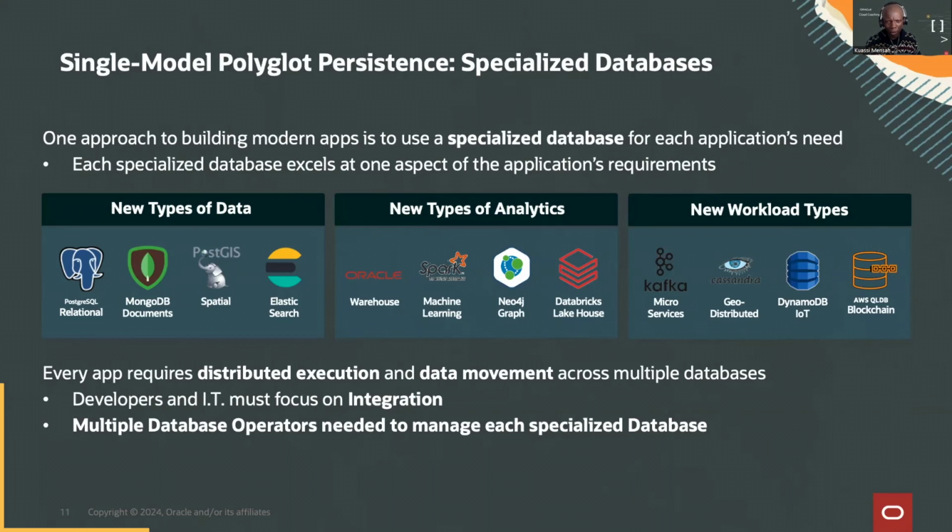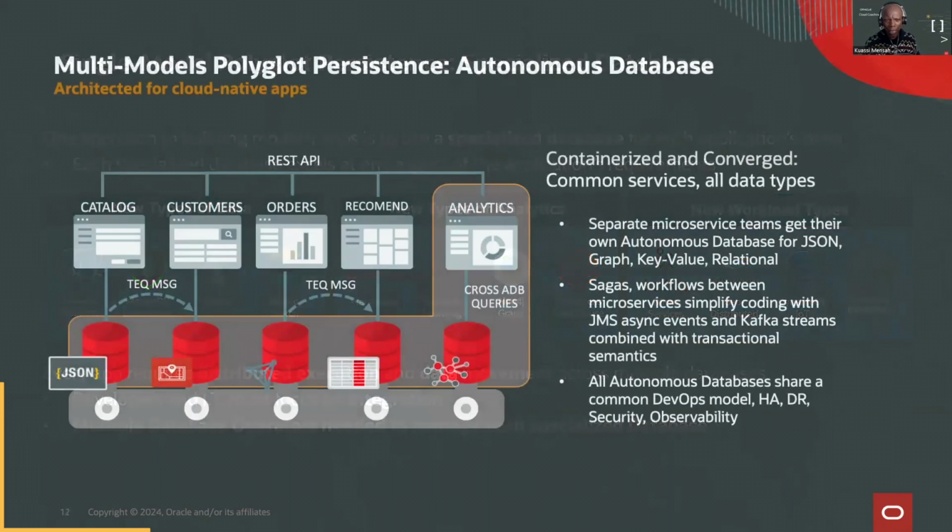The Oracle approach is what is known as multimodal polyglot persistence. What does it mean? It means a single engine, and we are not the only one, but there are very few vendors doing the multimodal approach. In the single engine, we can give you JSON storage if that's what you need. We can support the graph data model.